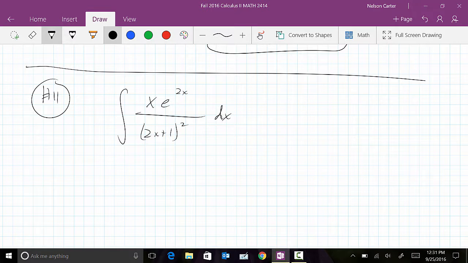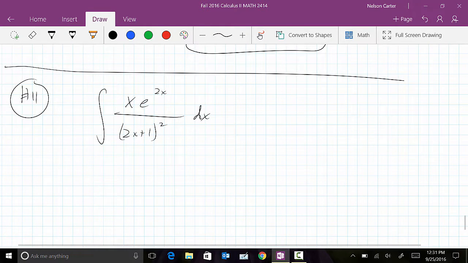Make sure I copy this right. x e to the power 2x all divided by 2x plus 1 all squared dx.